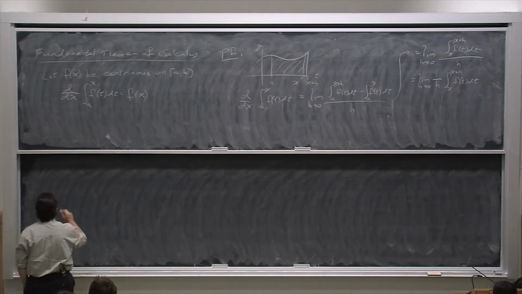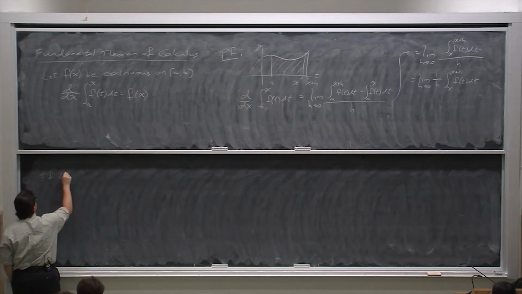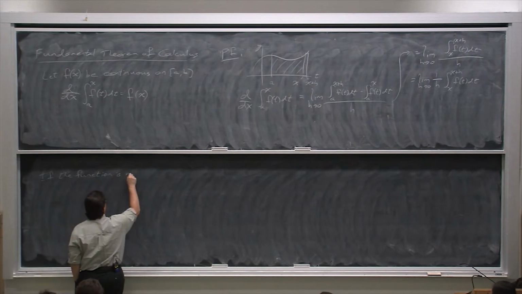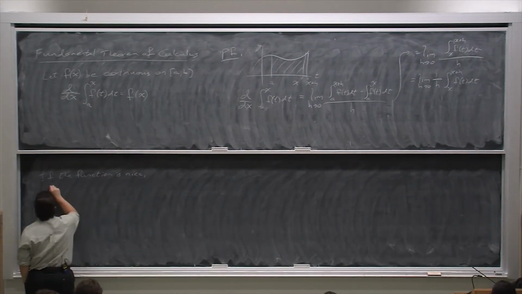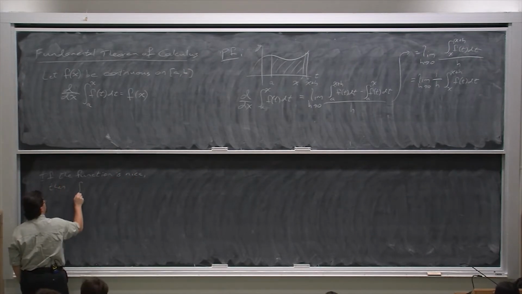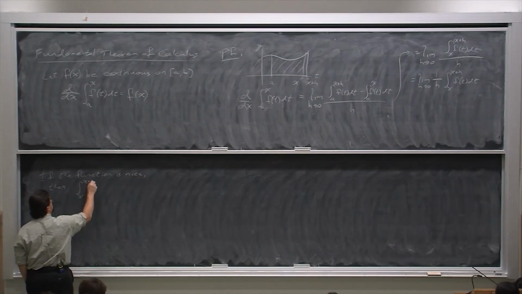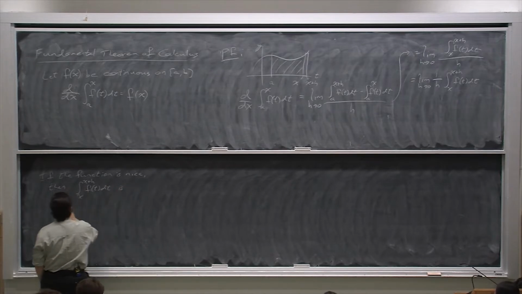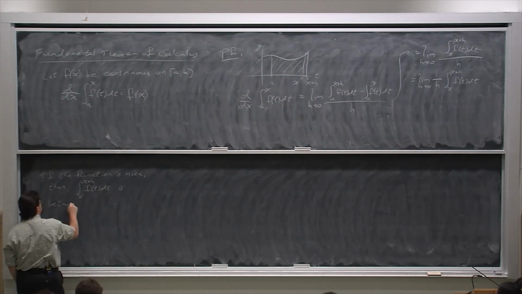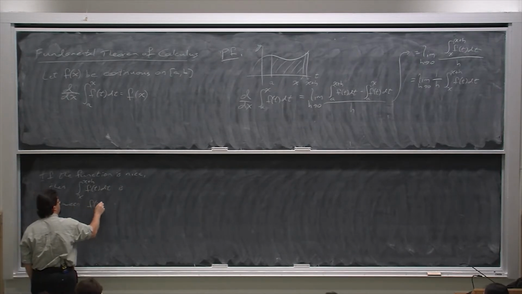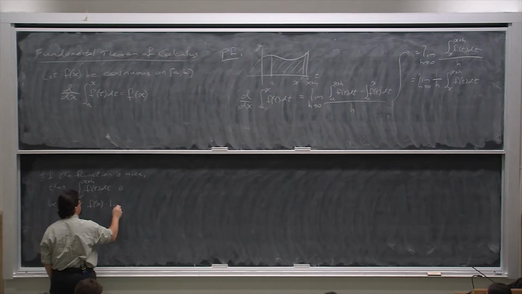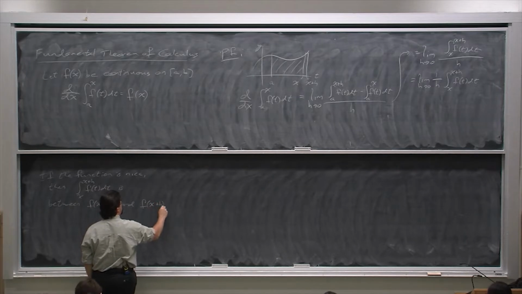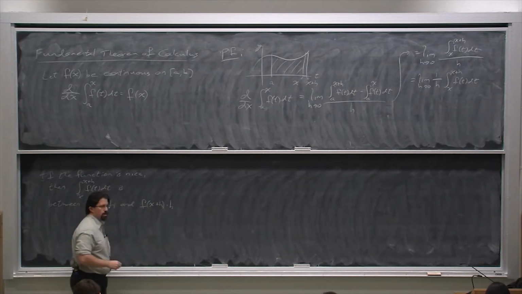All right, so if the function is nice, then the integral from x to x plus h of f of t dt is between f of x times h and f of x plus h times h.